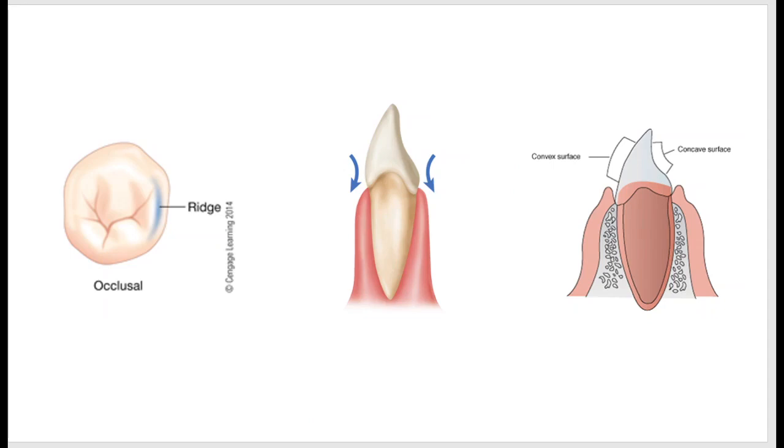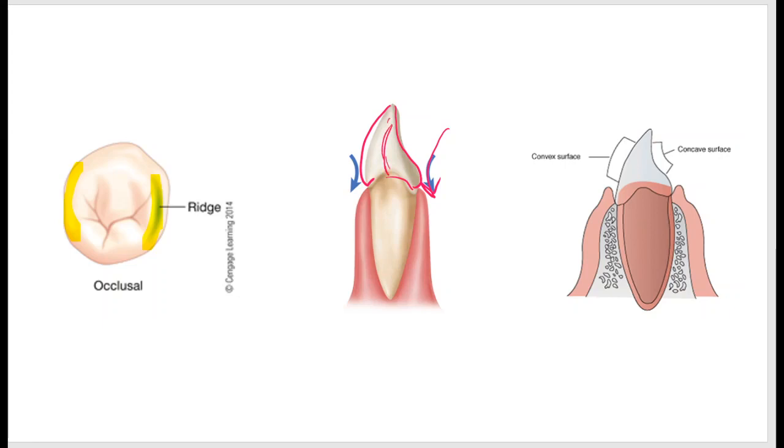Another thing here, we have a ridge, which is technically an elevation on the mesial or lingual side, so we call it a ridge. We also have contour. Each tooth has a contour on the lingual and the buccal or facial surfaces, and even a contour on the contact area.